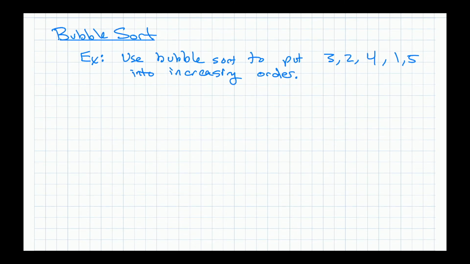Okay, so let's talk about notation here. In order to write this, we want to write this in an easy to understand way. So we're going to be comparing elements in this list to other elements.